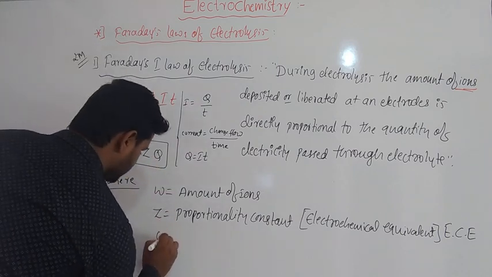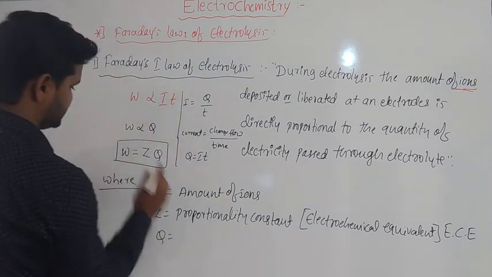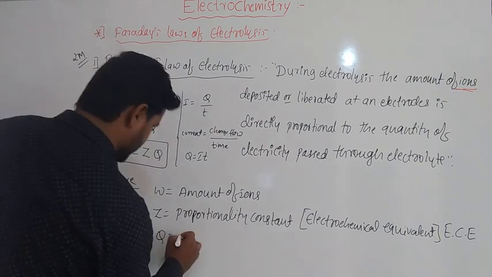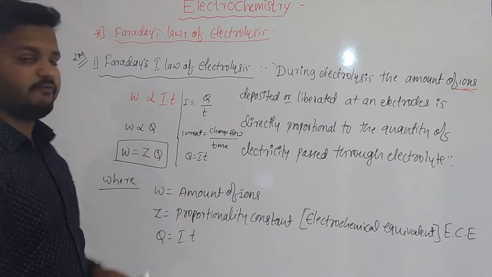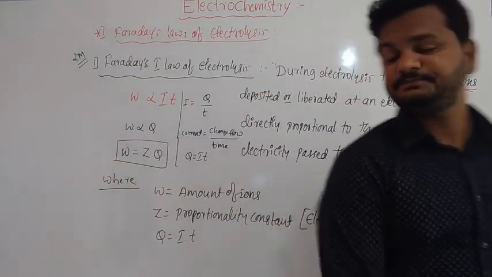And Q means the quantity of electricity passed, that is I into T. So this is about Faraday's first law of electrolysis.